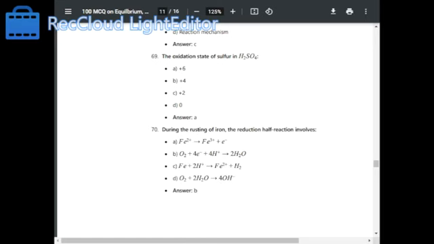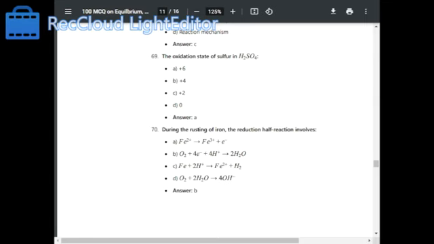Question number 70. During the rusting of iron, the reduction half reaction involved is: option A, Fe2+ = Fe3+ + e-; option B, O2 + 4e- + 4H+ = 2H2O; option C, Fe + 2H+ = Fe2+ + H2; option D, O2 + 2H2O = 4OH-.